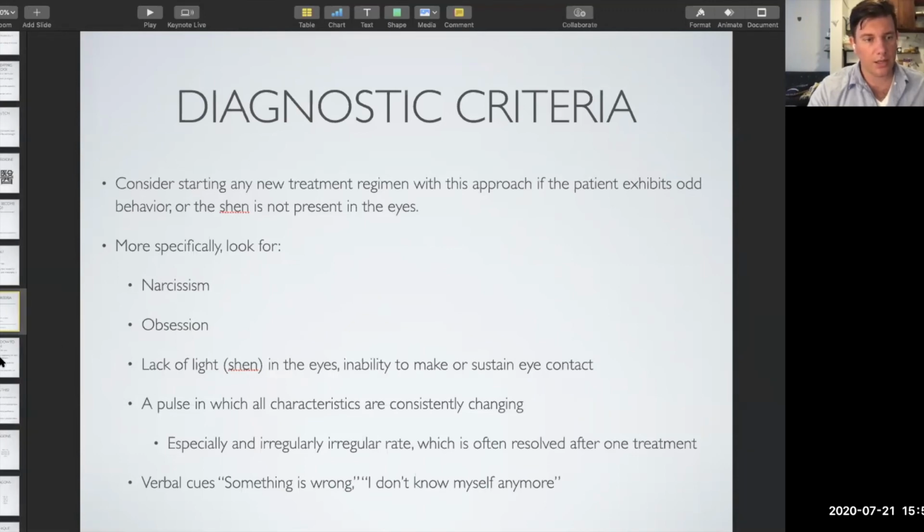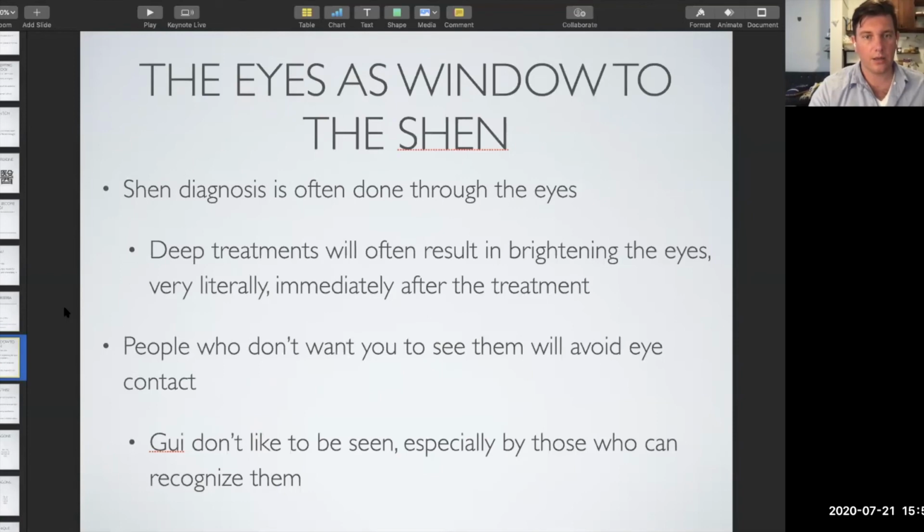This light in the Shen's thing, the Shen in the eyes, is worth spending a second on. We're often looking for the state of the person's spirit through their eyes. This is one of the ways in which you can do things like facial rejuvenation treatments on patients. One of the ways facial rejuvenation is done is by getting rid of wrinkles, by using things like intradermal needles, using very gentle cupping to puff up in a nice way the face.